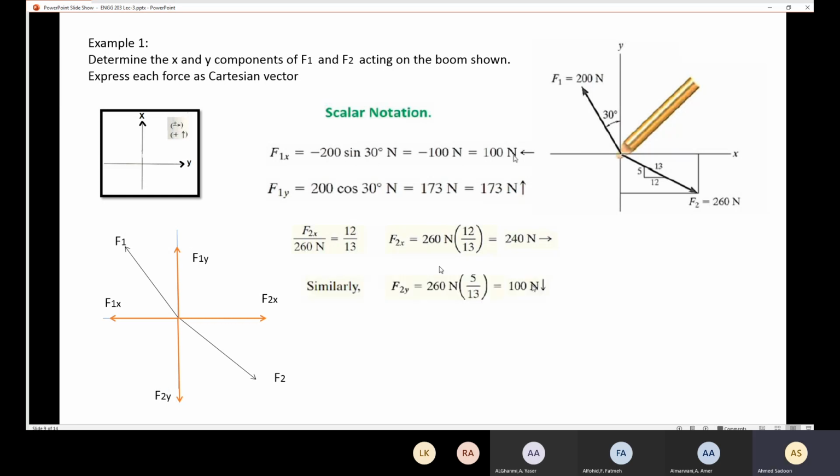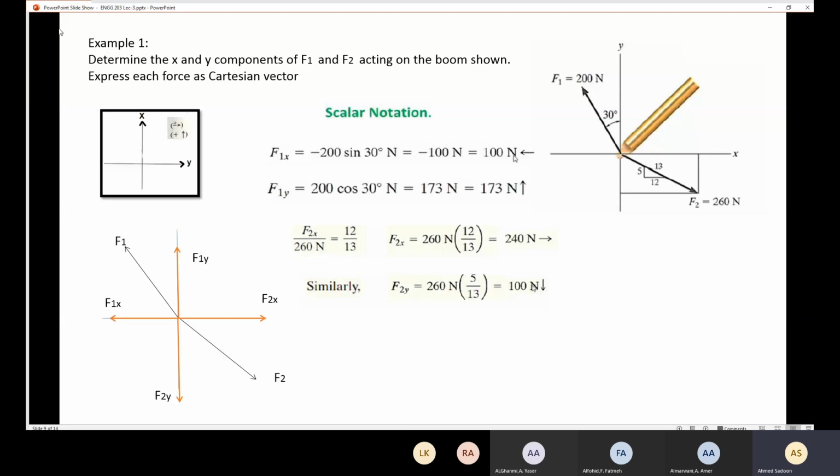So similarly, F2y is going to equal 260 multiplied by 5 over 13. So the only difference is here we have 12 because this one is horizontal. This one is vertical. Then I will put 5. And after I finish, I need to put the direction like that, and here the direction is like that.